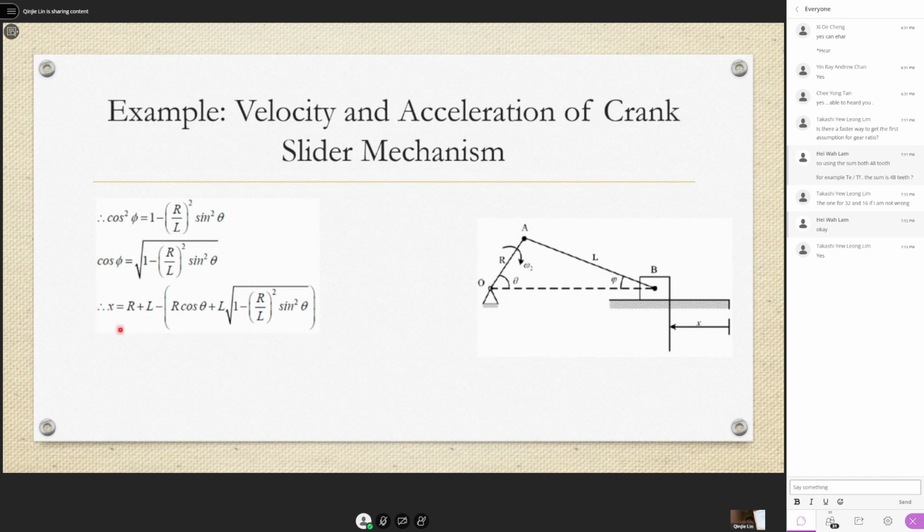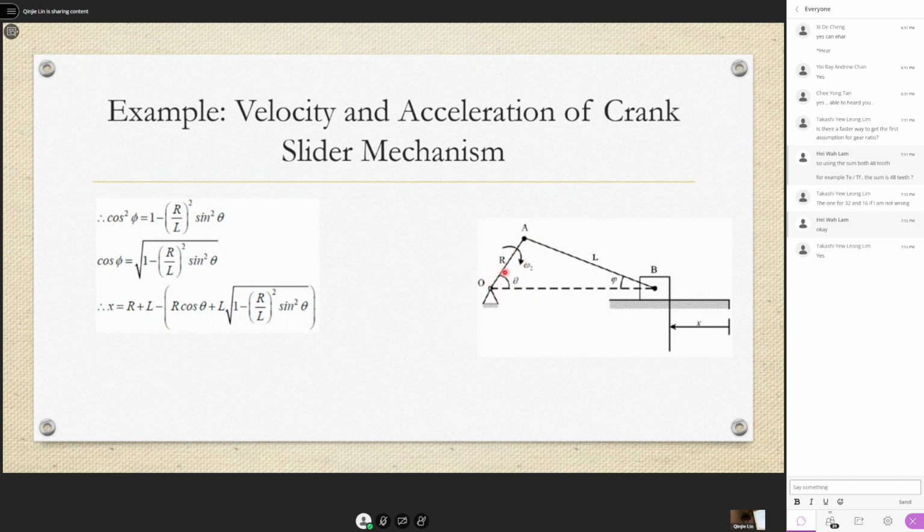Basically, this part that the solution is showing you is to find x, which is this distance, in terms of theta. Theta is this angle. That means for this crank, you know where it's rotating.